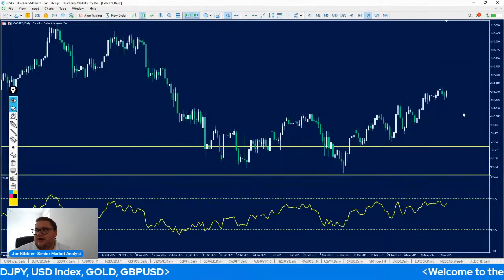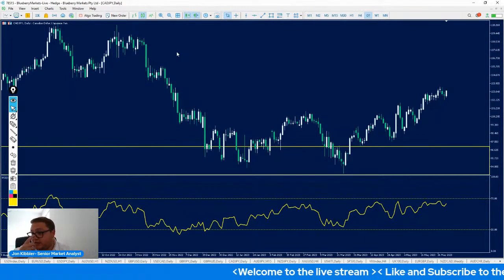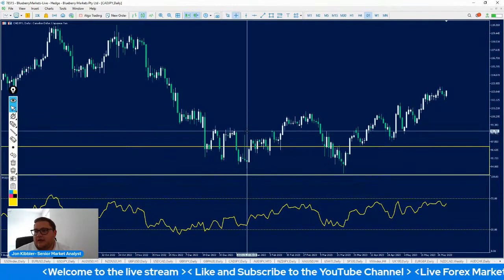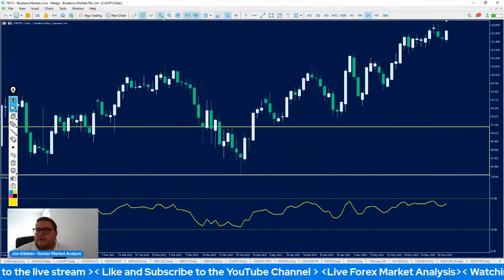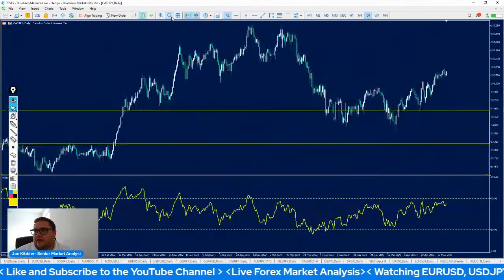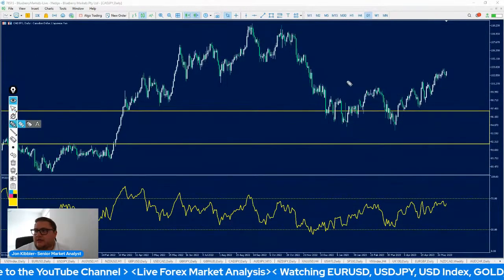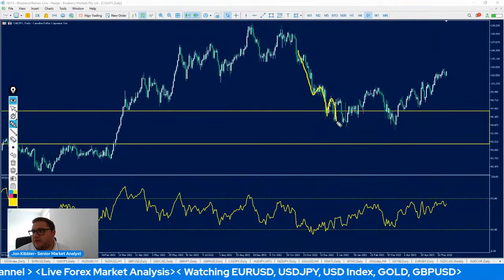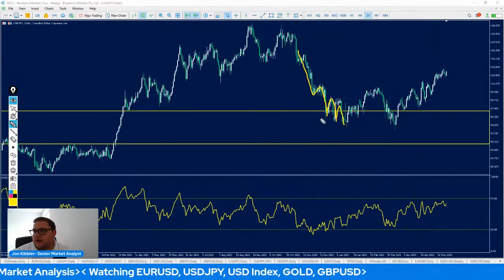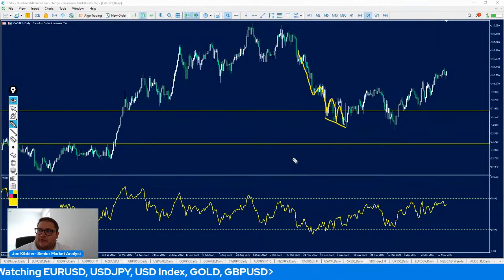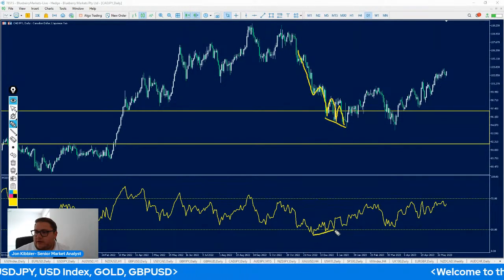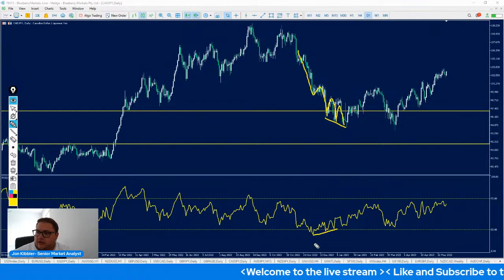So if I was to go to the daily time frame now, we'll be able to see if price starts to form any of these type of actions, any kind of double bottom, double tops, anything that suggests that we've got a potential move here actually. So you can see that price is trending down into the level. You can see we're starting to make lower lows here. We actually have a bit of a divergence move here where the price is making lower lows, and we've actually got higher lows on our RSI indicator there.